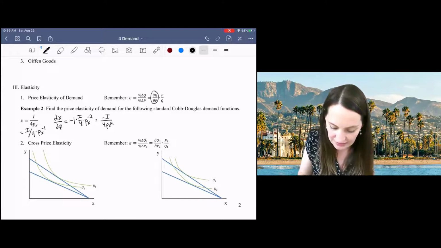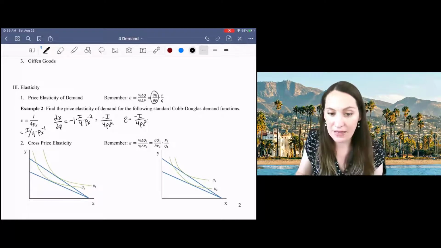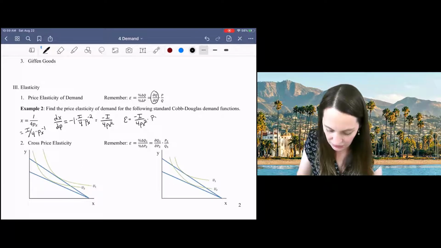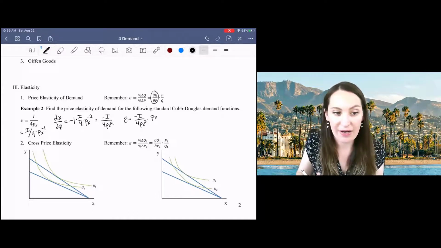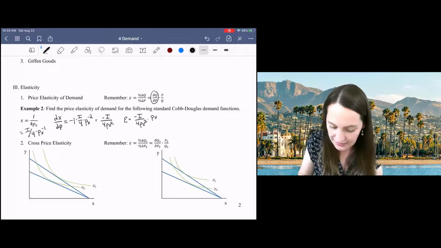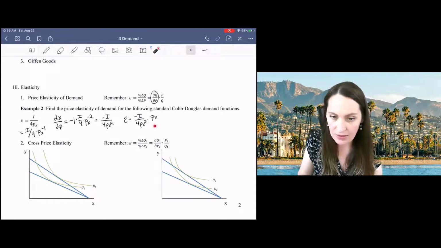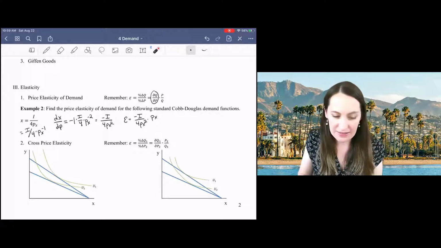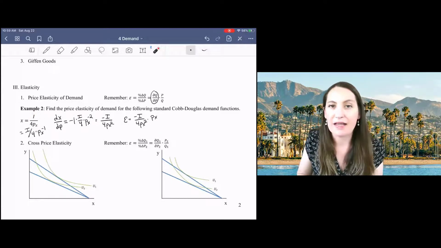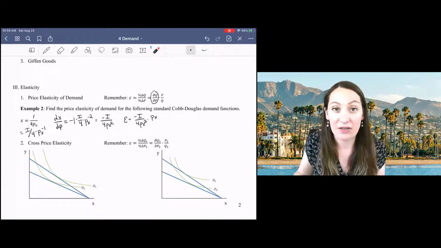So to find the elasticity, I'm going to take this term and then I want to multiply by px over, in this case, x is my quantity. But instead of putting x in the denominator here, because x is really this fraction, I'm going to multiply by the inverse of x.